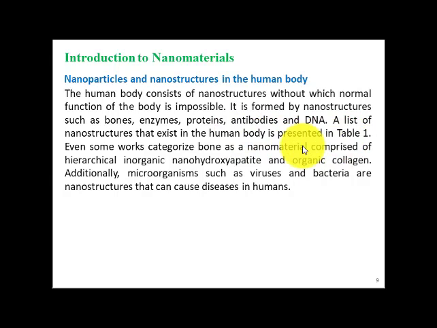I will show you just later. Even some works categorize bone as a nanomaterial comprised of hierarchical inorganic nanohydroxyapatite and organic collagen. Additionally, microorganisms such as viruses and bacteria are nanostructures that can cause diseases in human.